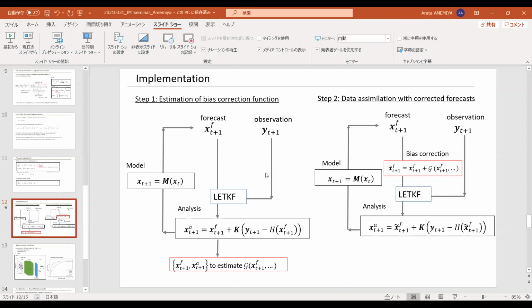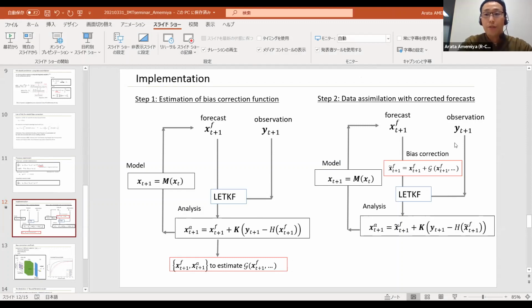I mean, is it the same bias correction for all the members, or is it a different one for all the members? Do you mean the ensemble members in RIKEN? Yes. So here in your red box, I think it's applied to the mean, right? Yes, that's right. So we apply the bias correction for the mean state, the ensemble mean of the forecast, and ensemble perturbations remain unchanged.